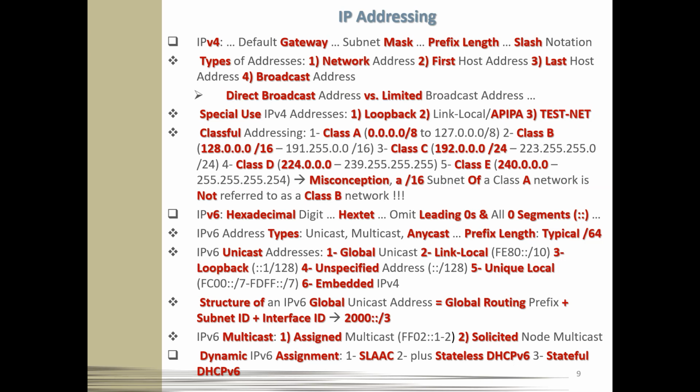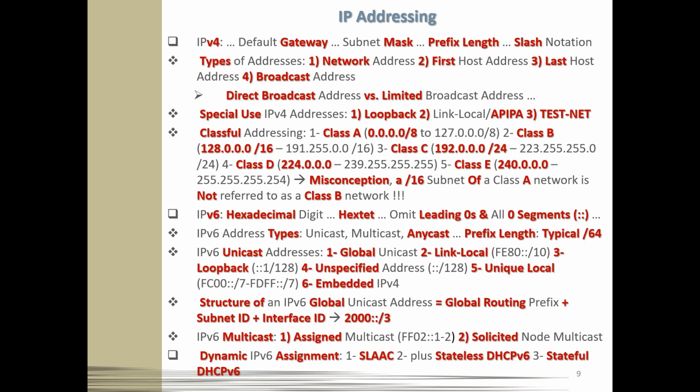Then we have IPv6 multicast address types. Two types of IPv6 multicast addresses. We have assigned multicast and we have solicited node multicast. With multicasting, we've got multicast groups and they are predefined. So the first category of IPv6 multicast, assigned multicast, is reserved multicast addresses for predefined groups of devices.